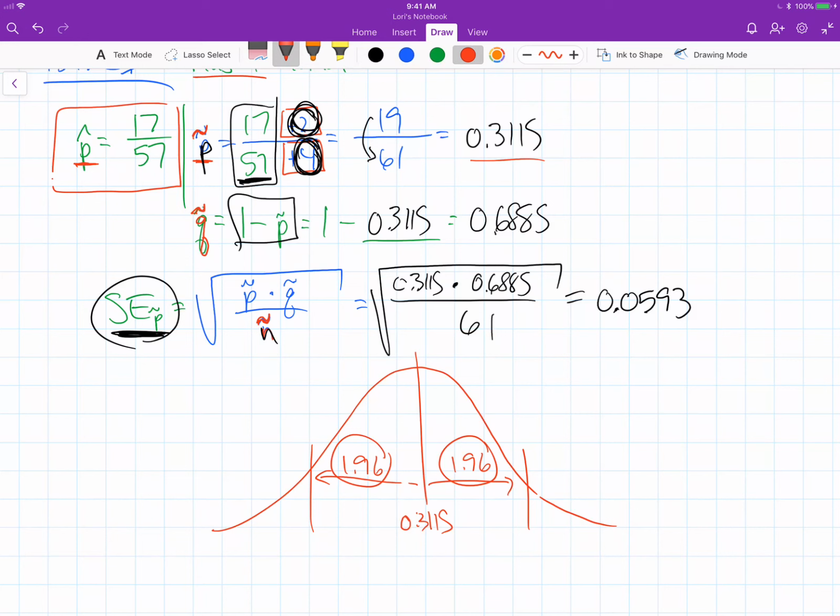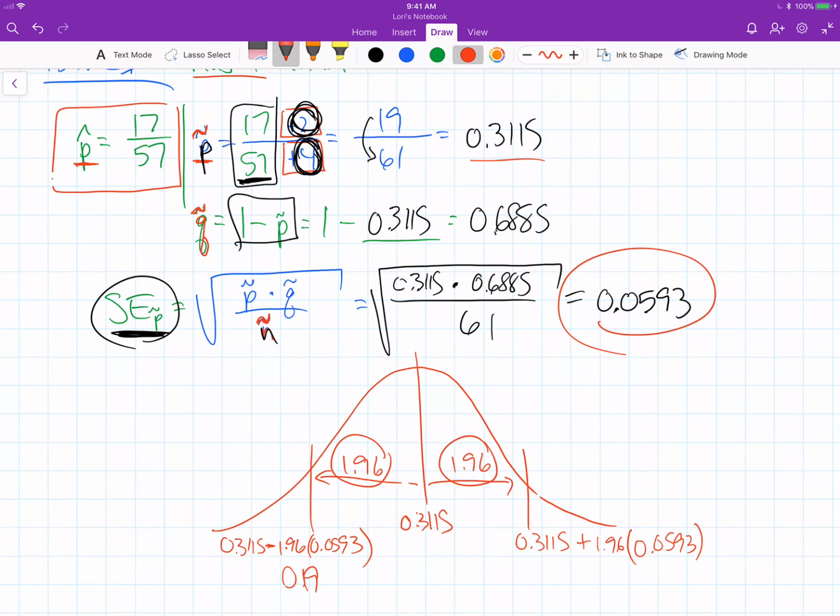So if we take 0.3115 plus 1.96 times 0.0593, and do the same thing on the bottom, 0.3115 minus 1.96 times 0.0593, we end up with 0.1953 and 0.4277 as our bounds.